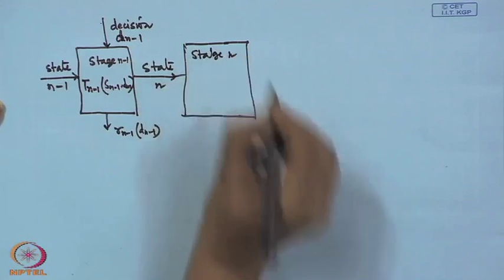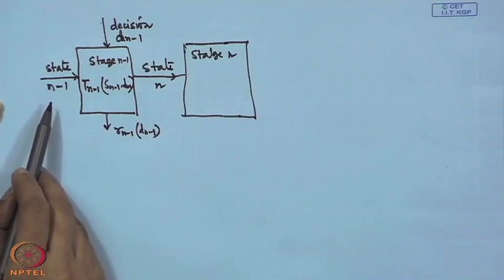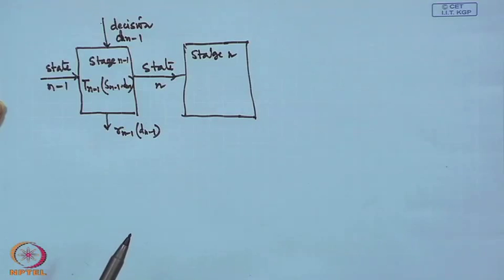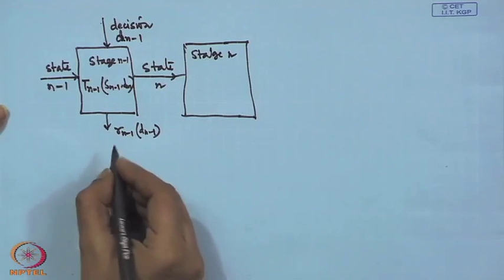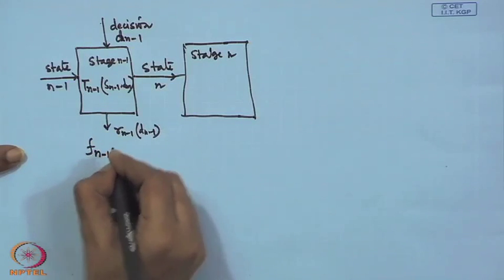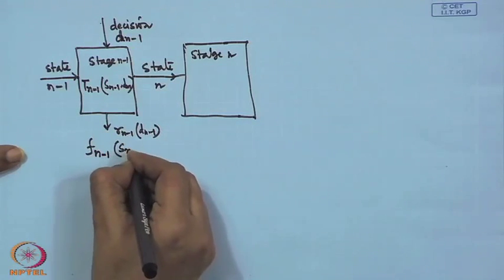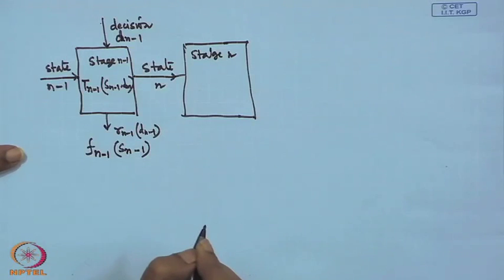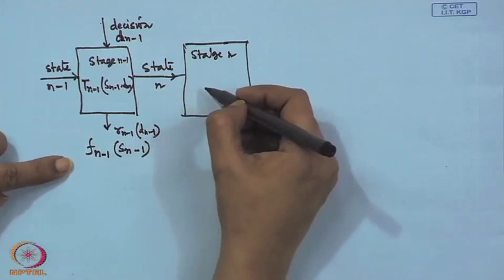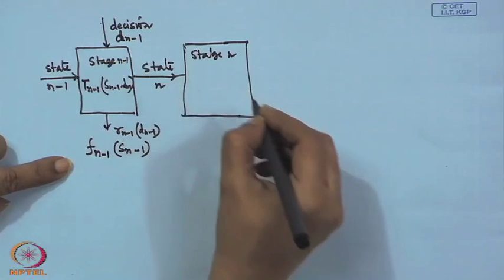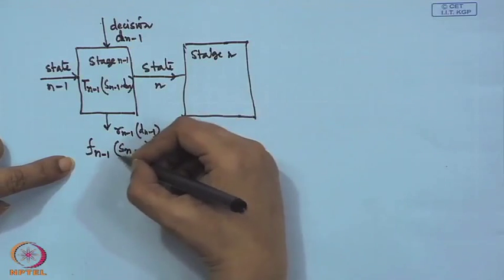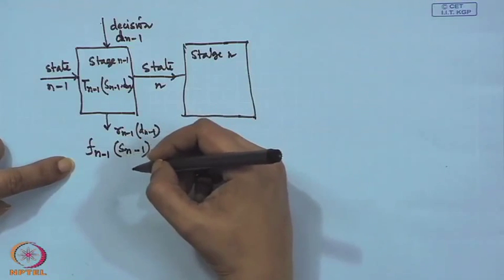Now, whenever we are considering stage n minus 1, this is an individual optimization problem, so we need to calculate the corresponding optimal return from this stage, f n minus 1 (s n minus 1). This value is important when I move to the next stage n, because it is not important for stage n how we reached this value, only this value is important.